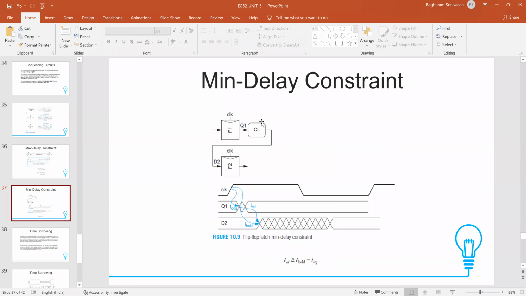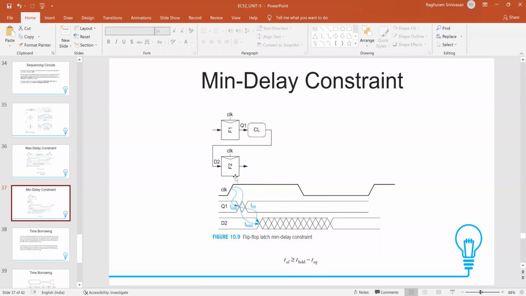In this case, we have a slightly different diagram. We have the same thing actually, clock Q. The min delay is another thing which comes because of this particular diagram.